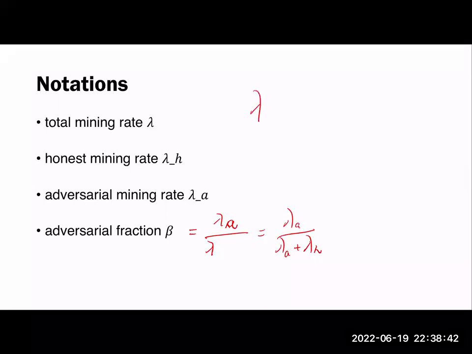So lambda equals lambda A plus lambda H, and those are the key numbers here. So 30/70 means that beta is 0.3.